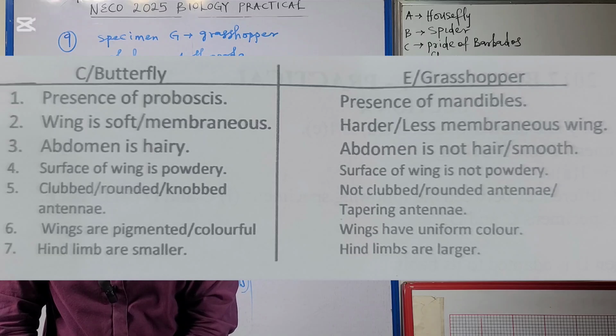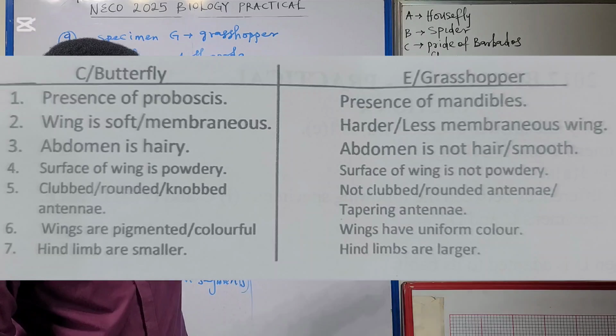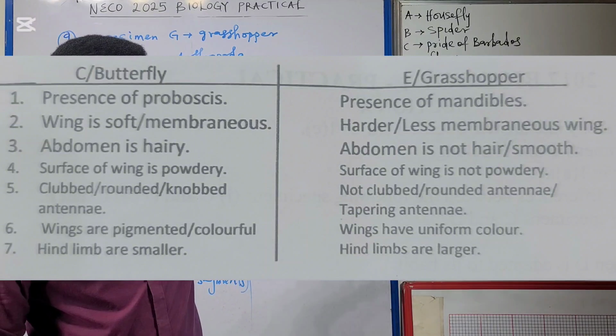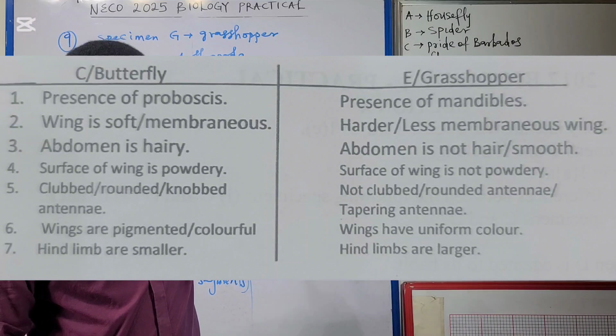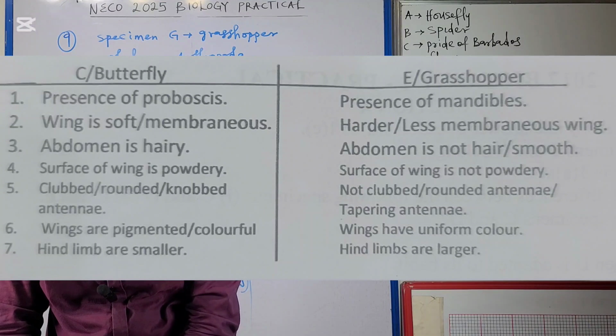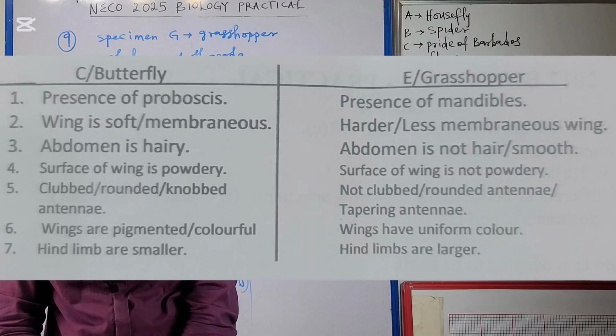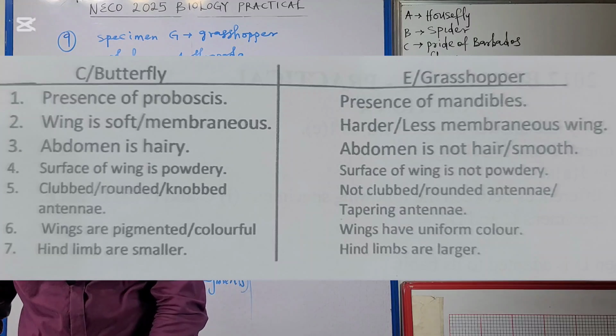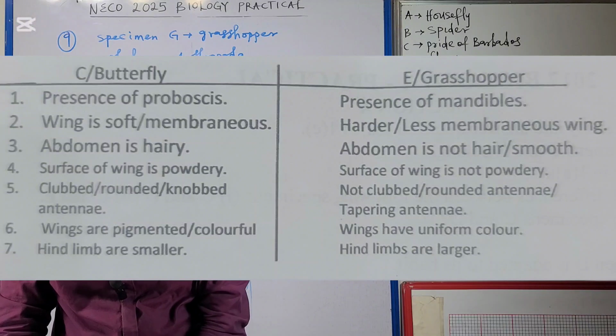That's very important. For the butterfly, you have pigmented wings, but for the grasshopper, the color of the wings is uniform. It is either all brown all through or all green all through.